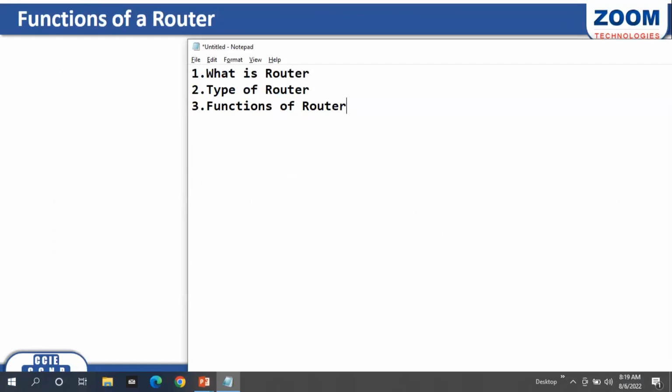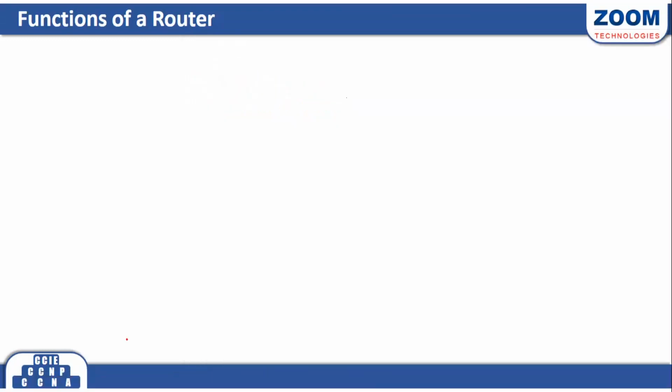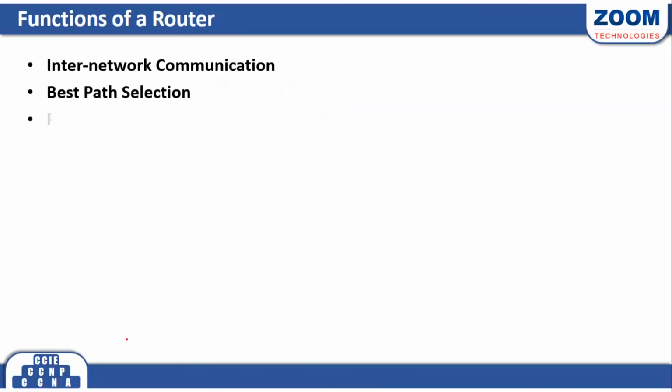We call it best path selection. This is point number one. Point number two: a router enables communication between two or more different networks. We call it inter-network communication. Correct? Inter-network communication, best path selection, packet switching. Packet switching means sending IP traffic from one interface, meaning LAN interface, to WAN interface.